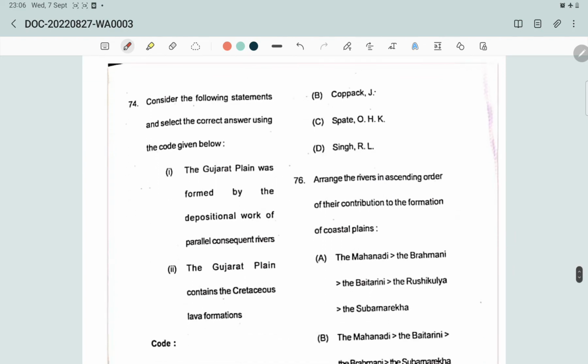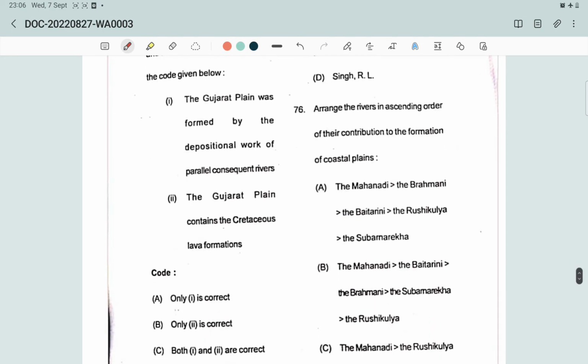Question number 74. Consider the following statements and select the correct answer using the code given below. Let's read the statements. First statement, the Gujarat plain was formed by the depositional work of parallel consequent rivers, and the statement is correct because the Gujarat plain is the outcome of sedimentation and is drained by the river Sabarmati, river Mahi, river Narmada, Tapi and Ambika.